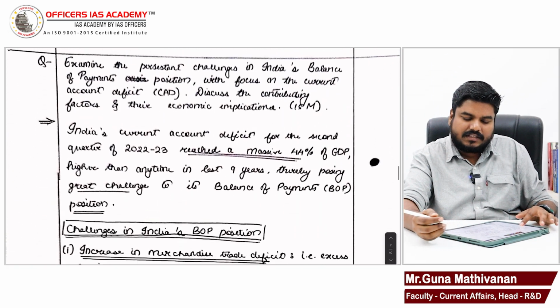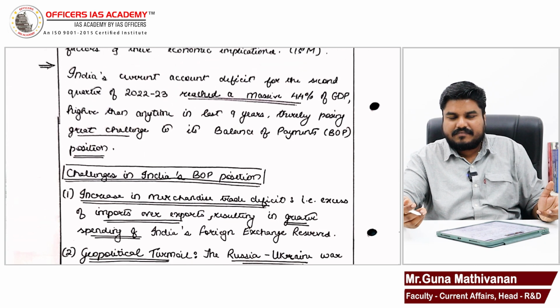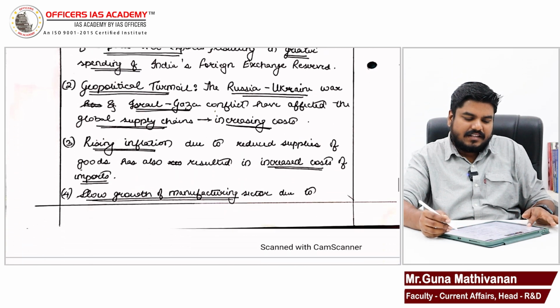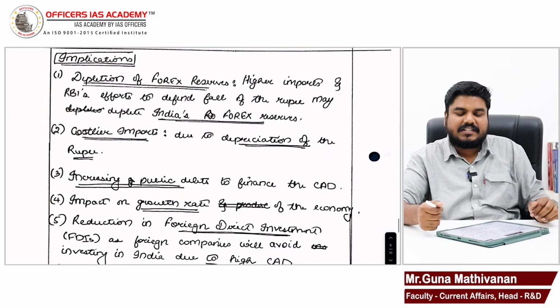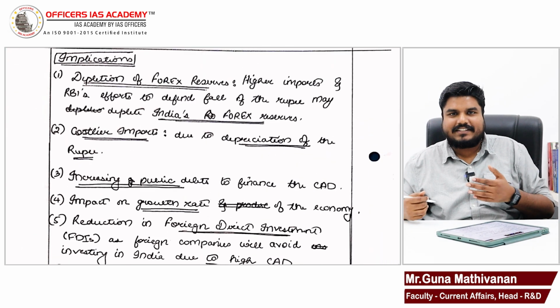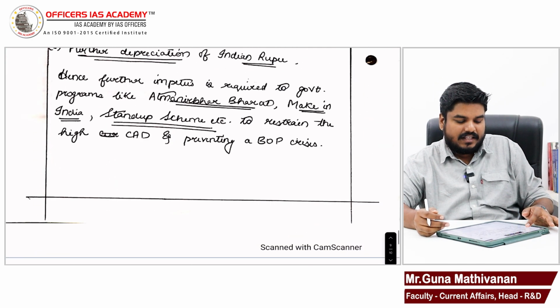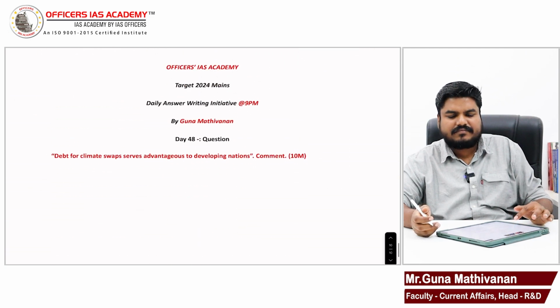Likewise, Sahil Rawat, the same advice to you as well. The intro is fine, and the challenges, contributing factors and implications you have written are all correct, but certain points can be brought under different subheadings.